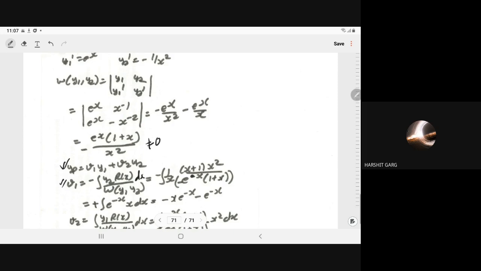So y2 is 1/x. R(x) is given to you as x(x + 1)^2 over x^2 + x, and the Wronskian you have computed as -e^x (1 + x)/x^2.